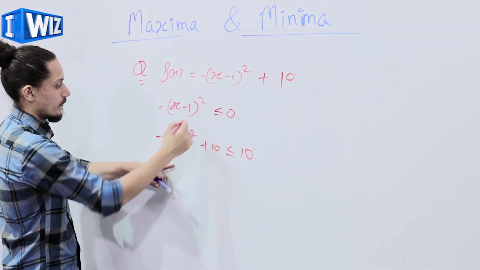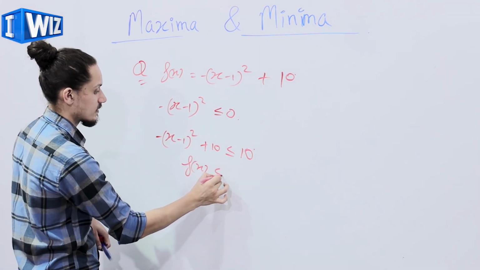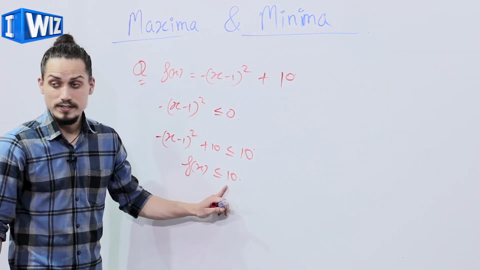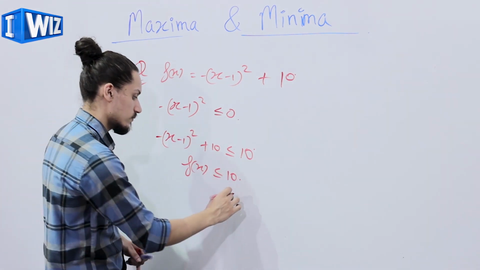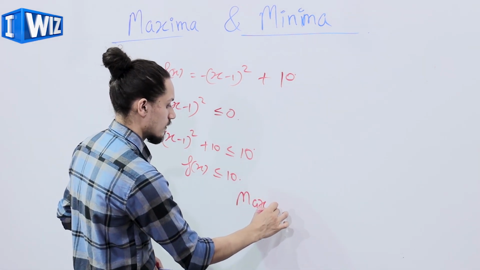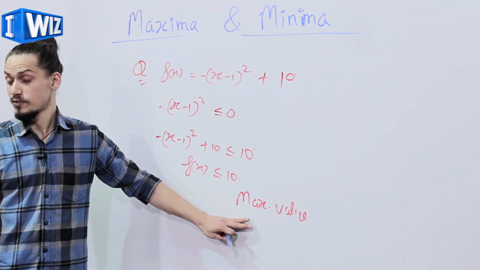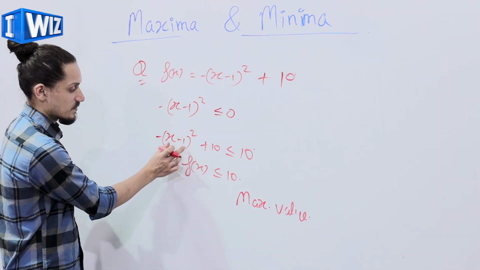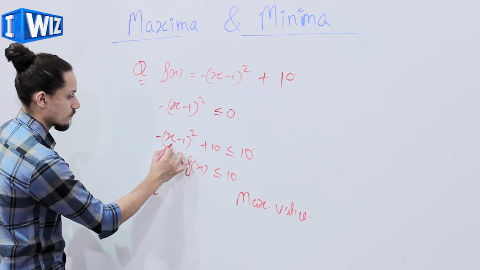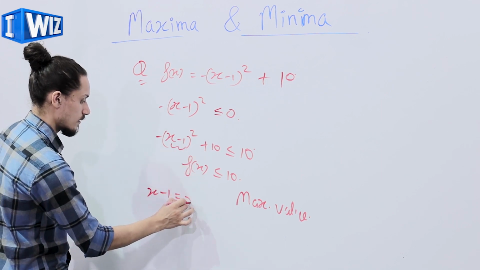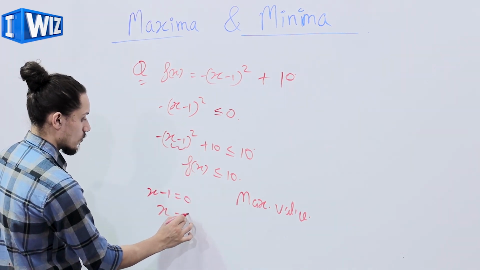Since this f of x is less than some constant number, we say it attains a maximum value. Now we know its maximum value is equal to 10, but let's find it properly. So to find its maximum value, we have to put x minus 1 equal to 0, which implies x is equal to 1.